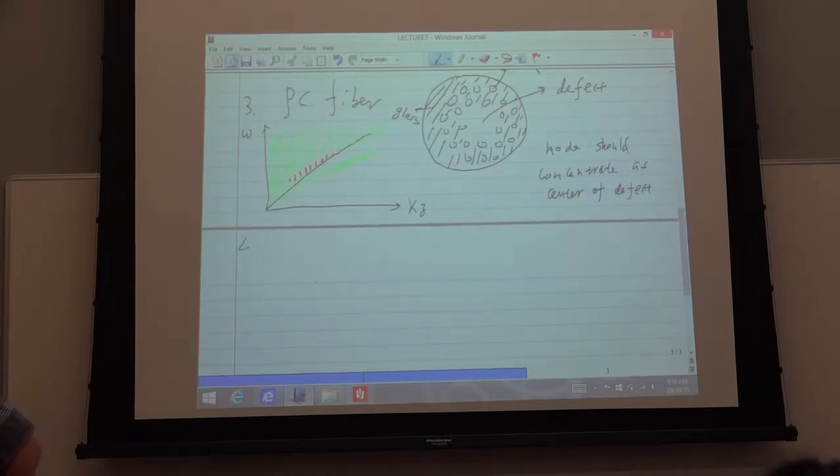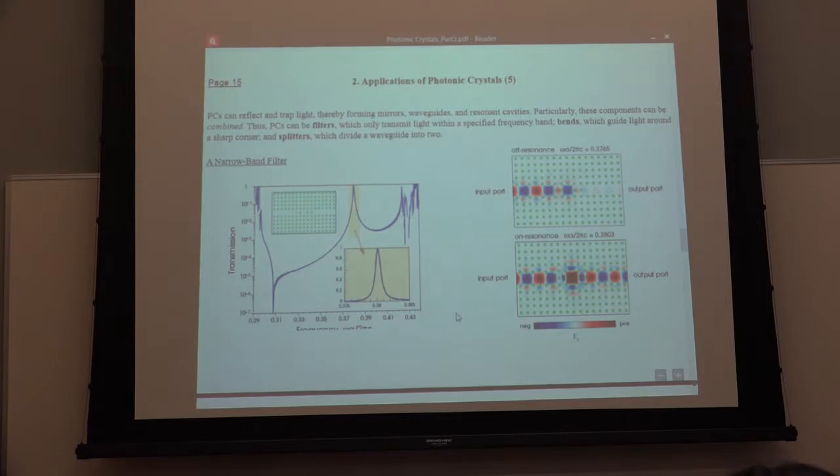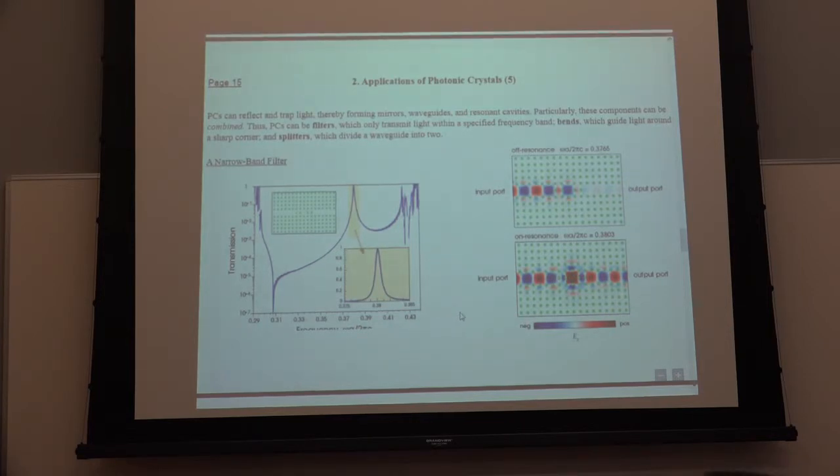So here we talk about the temporal coupled mode theory. In this lecture, we talk about the temporal coupled mode theory. In the last lecture, we showed this interesting structure. This is a narrow band filter.